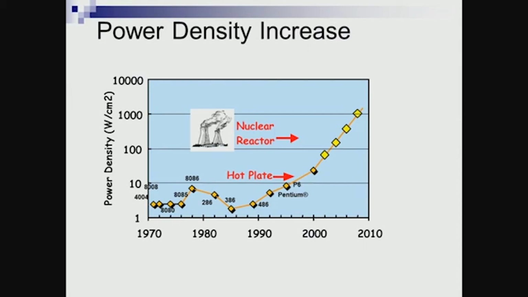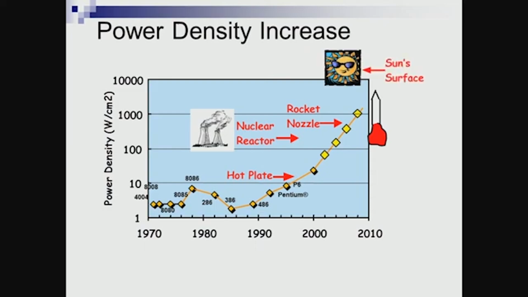Because of that, your temperature starts increasing. If we had allowed the trend to continue, we would have reached a nuclear reactor by around the mid 2000s, then a rocket nozzle, and almost the sun's surface by 2010.